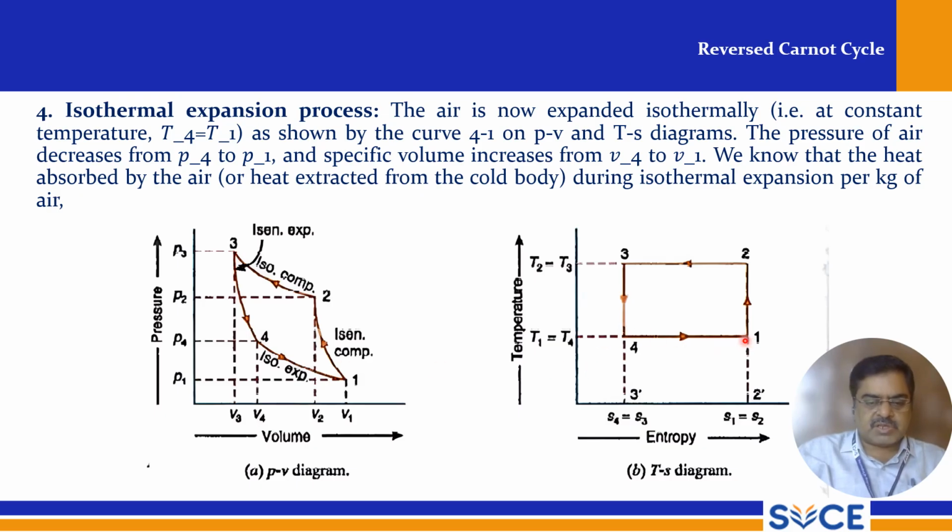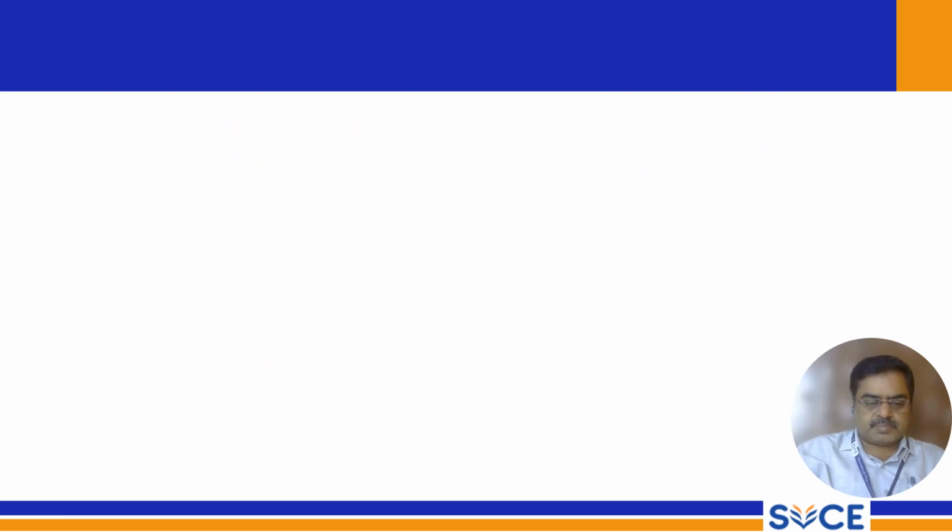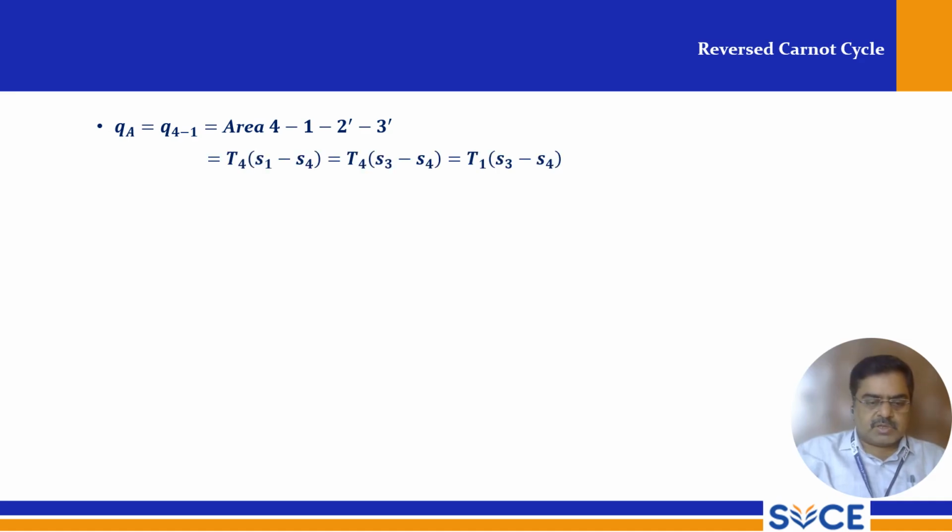We know that the heat absorbed by the air, or heat extracted from the cold body, during isothermal expansion per kg of air is equal to QA equal to Q4-1, that is the area under the 4, 1, 2 dash, 3 dash curves. That is equal to T4 into (S1 minus S4), equal to T1 (S3 minus S4).